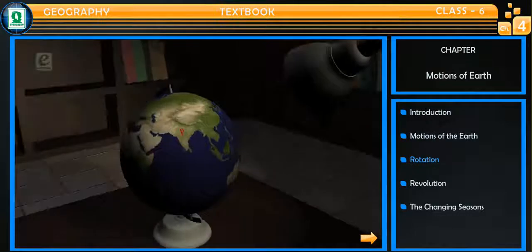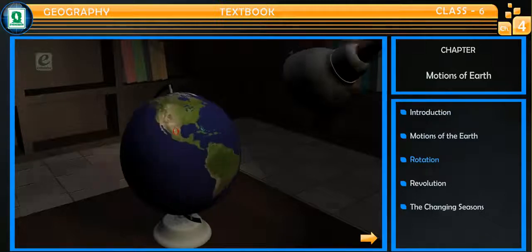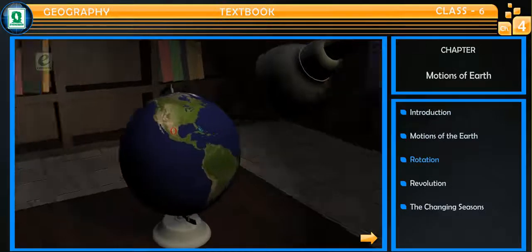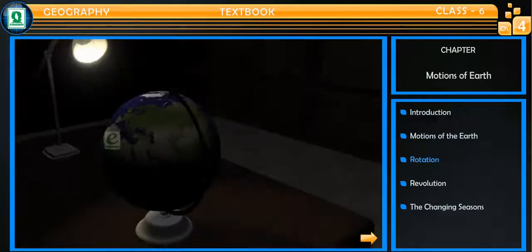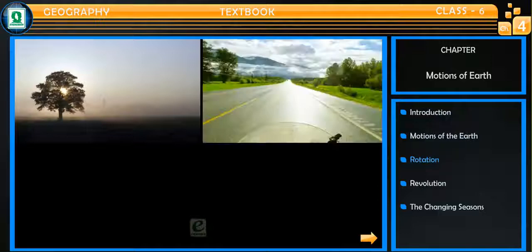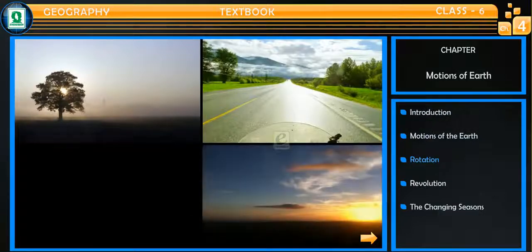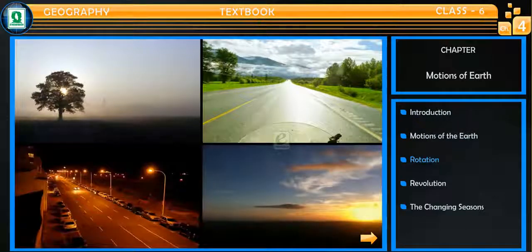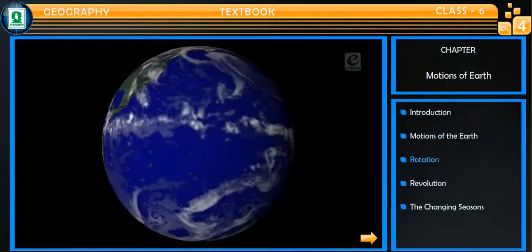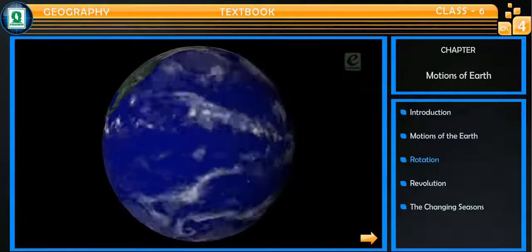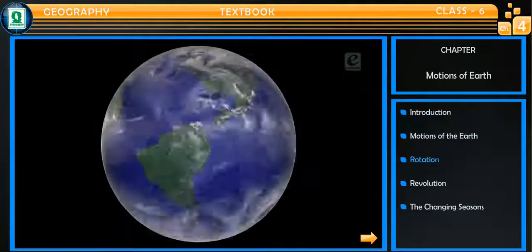Similarly, when point O is having sunrise, point P will be experiencing dusk. Thus, by this activity, we see that different points on the Earth will have morning, midday, evening, and midnight at the same time.